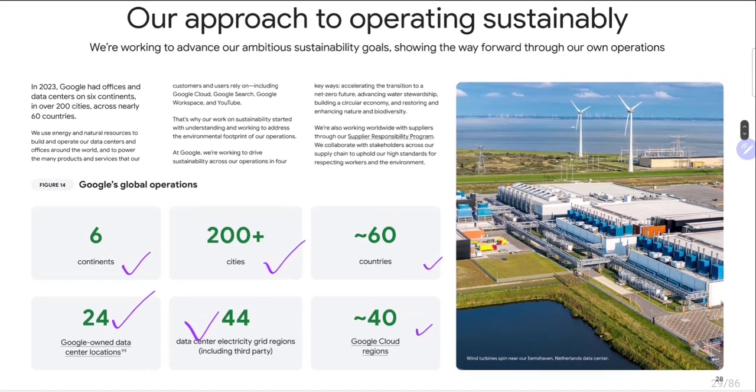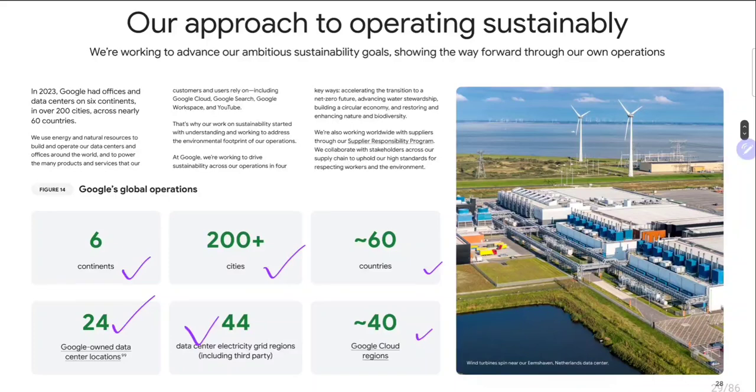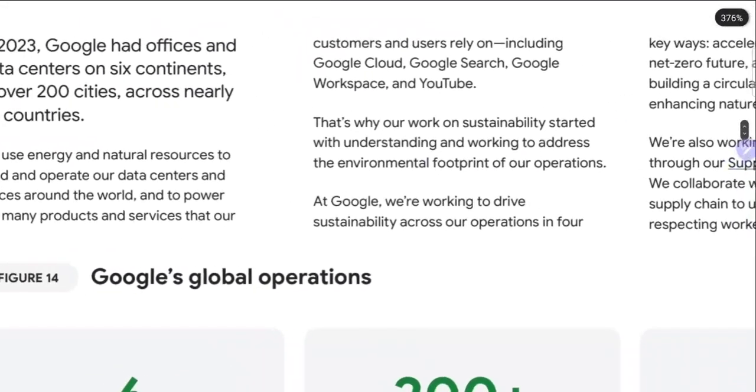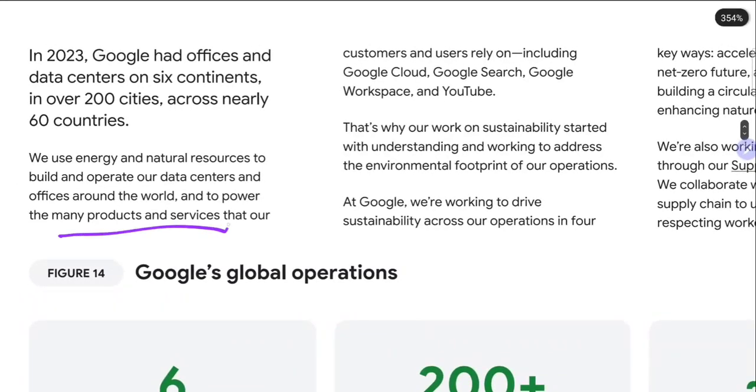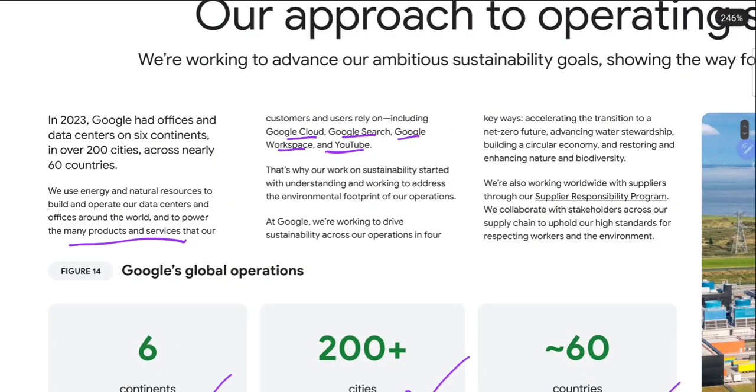So this is about the company's operating facilities or operating assets. In 2023, Google had offices and data centers across 6 continents and 200 cities across nearly 60 countries. It's written here: products and services that our customers and users rely on, including Google Cloud, Google Search, Google Workspace, and YouTube also.